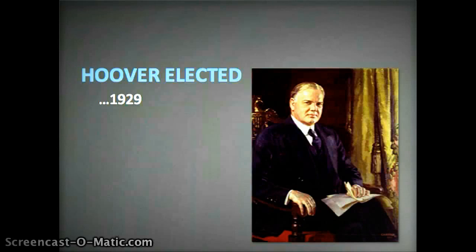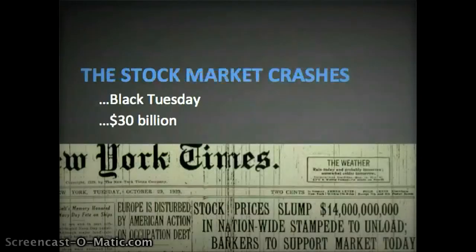He had served in the government for more than a decade, had been a very successful businessman, and had proven his business skills and ability. But at the time he's elected, we have all of these problems that have been developing throughout the 1920s. So even though things look prosperous on the surface, just beneath there's a lot of issues, a lot of problems that Hoover and later Roosevelt and the American people will have to deal with.